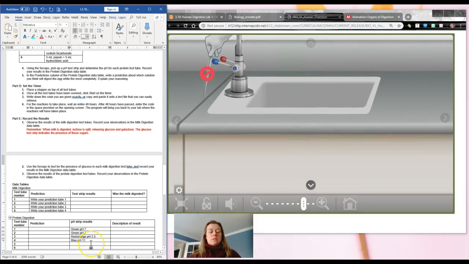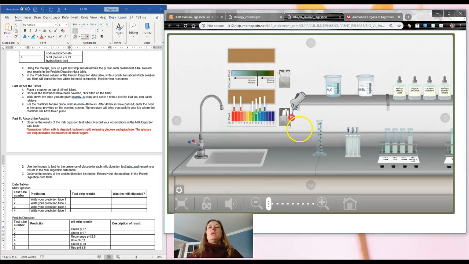All right, so we forgot this one is green, pH 8, and this one is red, pH 1.5, probably. We're going to split hairs. So, yeah, it's definitely like 1.5. I'll say 1. Okay.